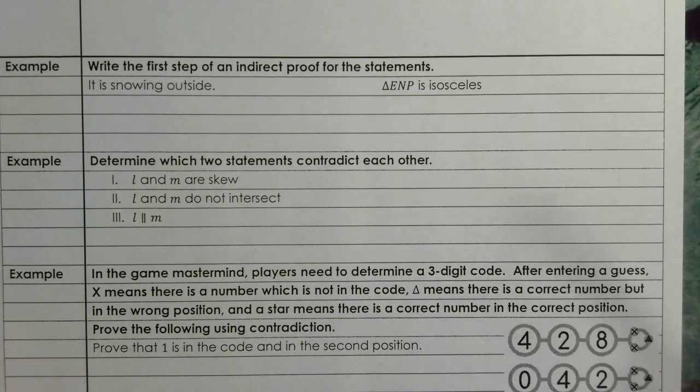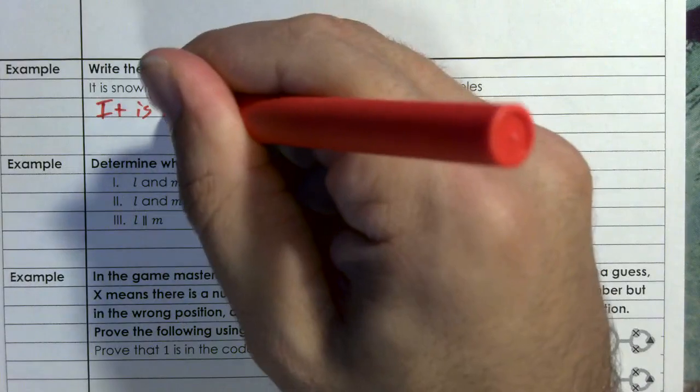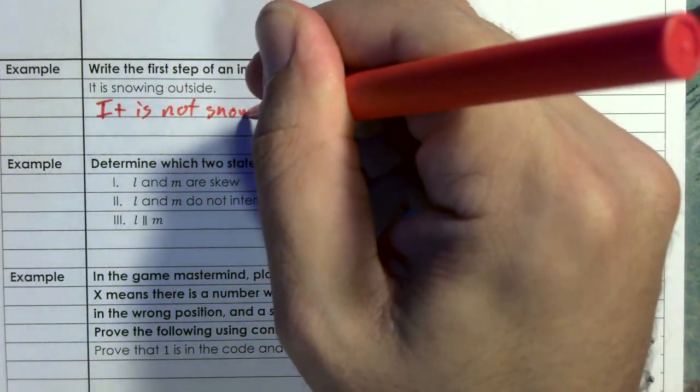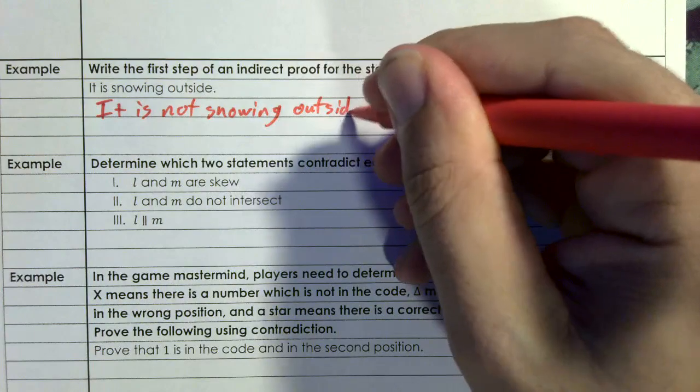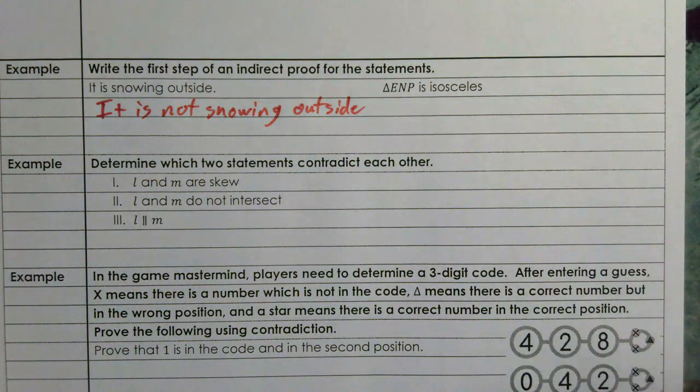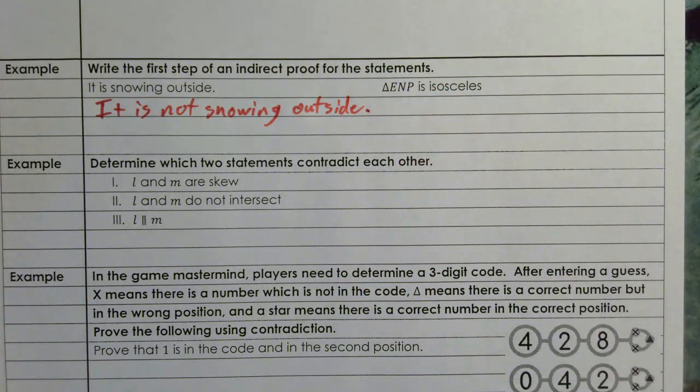If you were to do an indirect proof, you would need to think about the negation of the statement that you're proving. So if you wanted to prove it's snowing outside, you might start by assuming it is not snowing outside. You would start with it's not snowing outside and then go through things to prove that it actually is snowing outside.